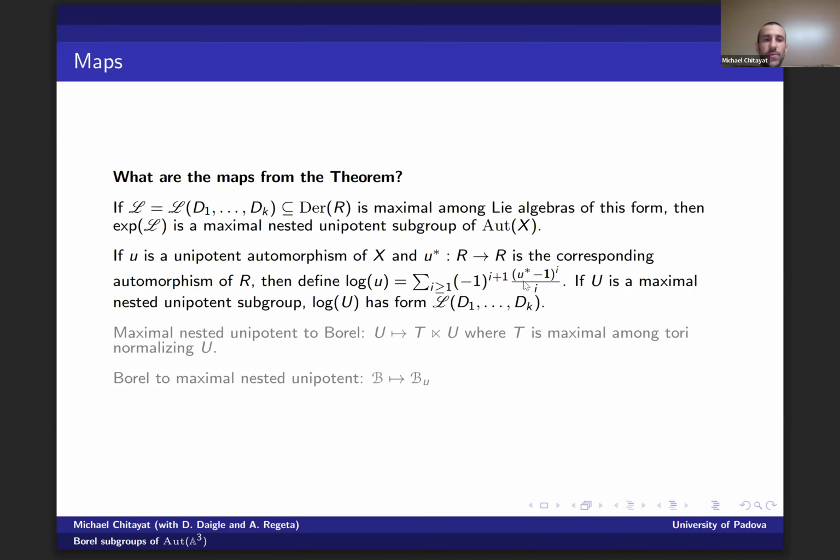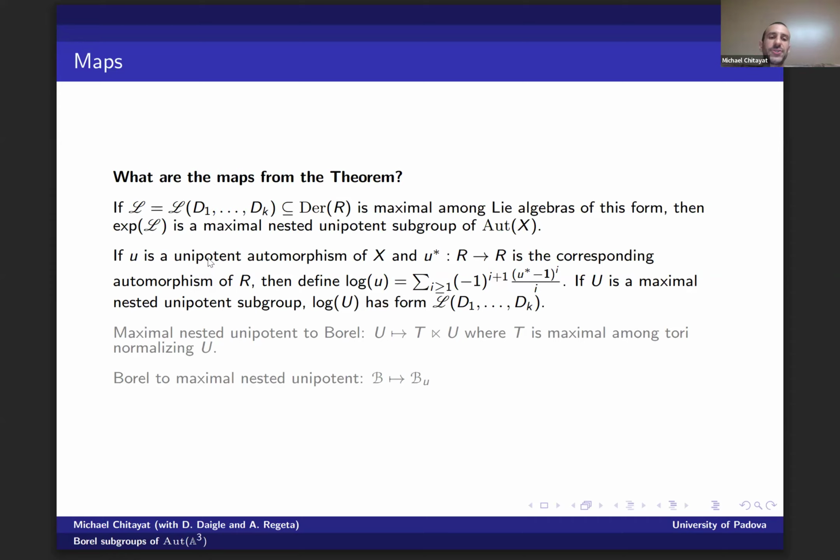So let me just tell you quickly what the maps from the theorem are. If you have a de Jonquière-like subgroup, the exponential map is what gives you your nested unipotent subgroup. It's the exponential map that I gave you before.